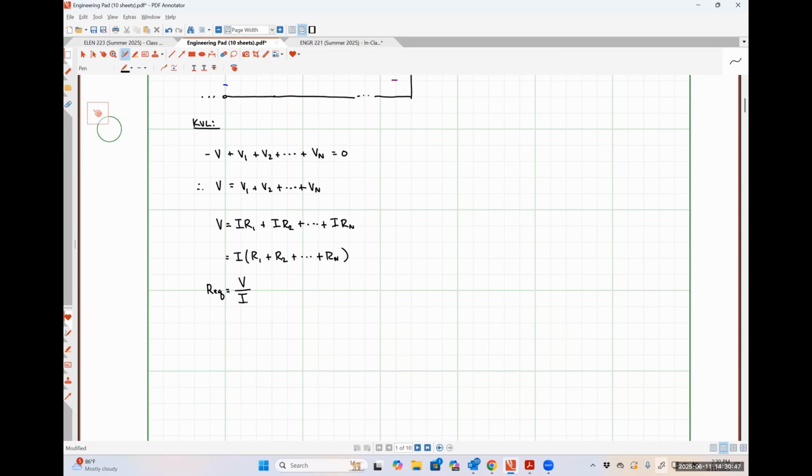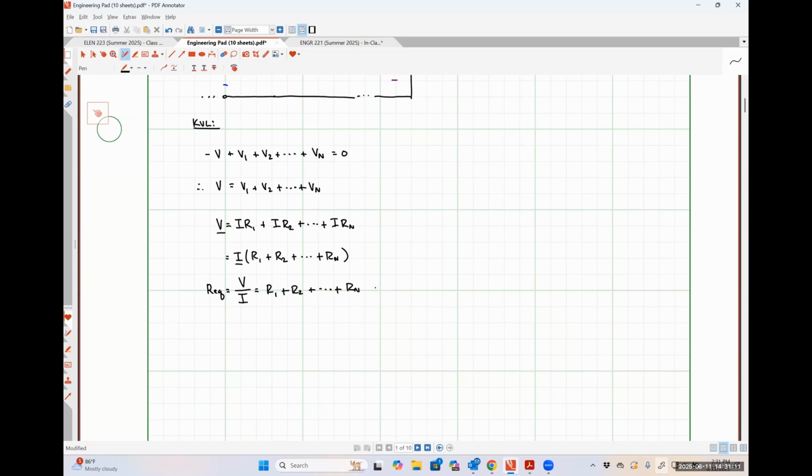And in this case, if I take this expression for V and divide it by I, I'm left with just R1 plus R2 all the way out to R sub n. So my electrically equivalent resistor is just the sum of all of those resistors added together.